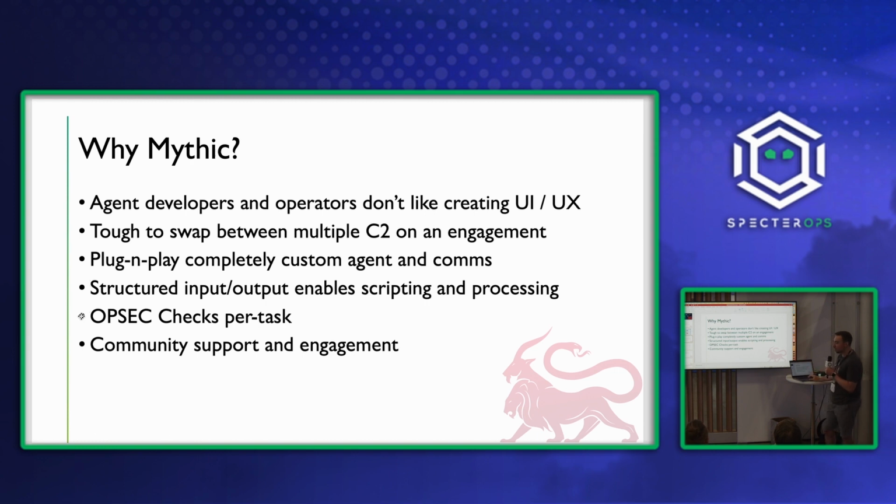Part of this is there's built-in opportunities to do OPSEC checks. So as you're issuing tasking, before the agent can actually pick it up, you can script and run arbitrary checks. An example is if you're going to run a shell command, and you know that for your agent, that shell command will spin off a subprocess cmd.exe.